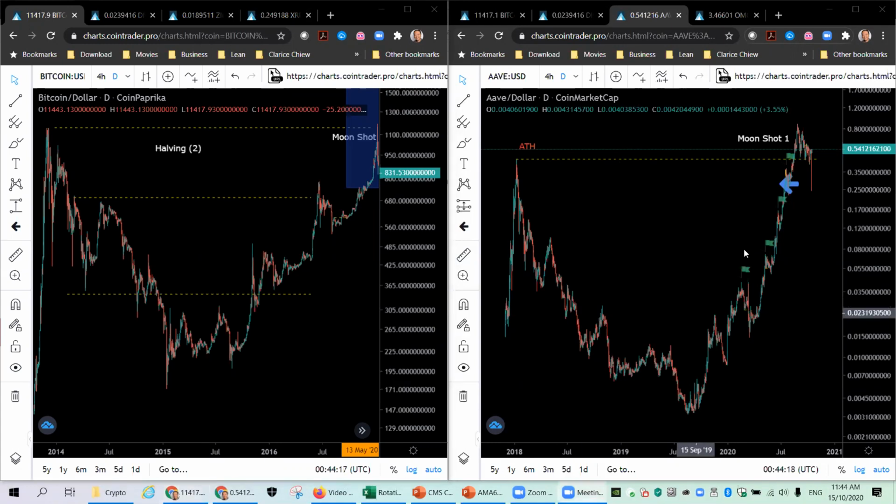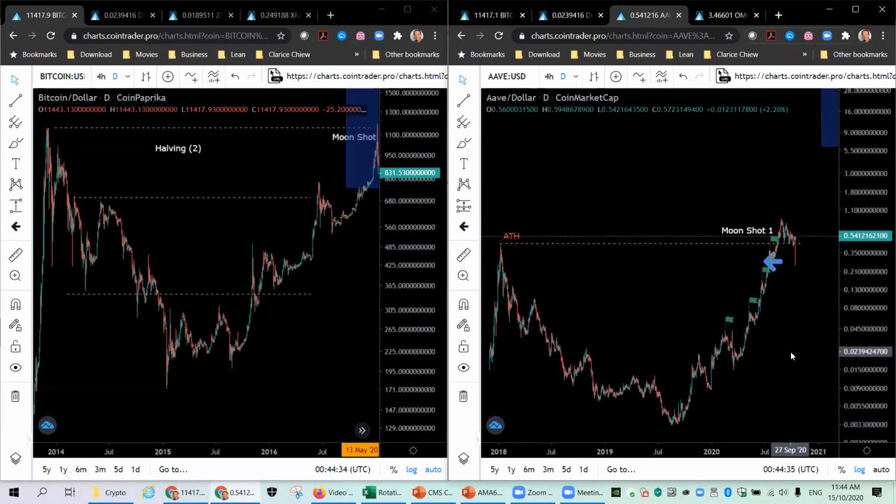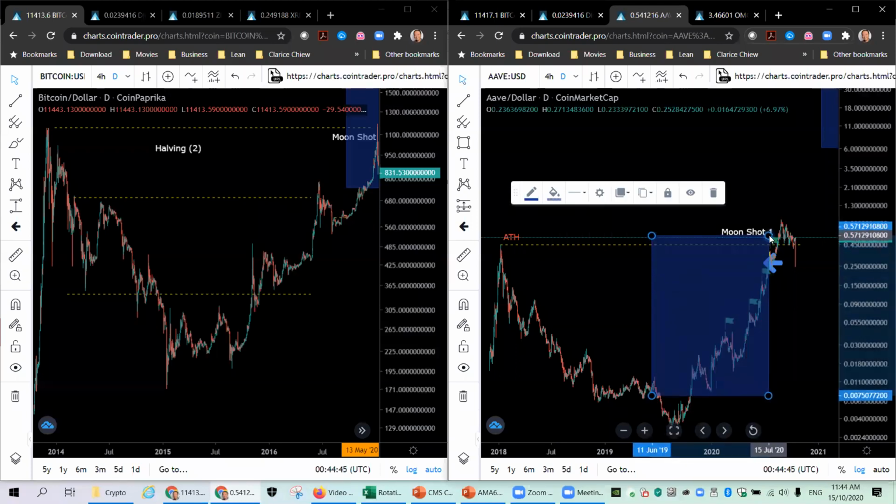So it's now $54. Well, that's good. Now, some of you know that I'm calling this moonshot one now, just because there's a much bigger correction on AAVE. So if that is moonshot one, it means that moonshot two will be way up there, which is a good thing. And by the way, I think AAVE is one of the top performers in DeFi, so it's always good to know that.